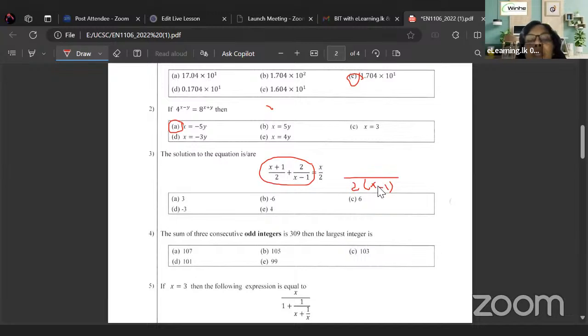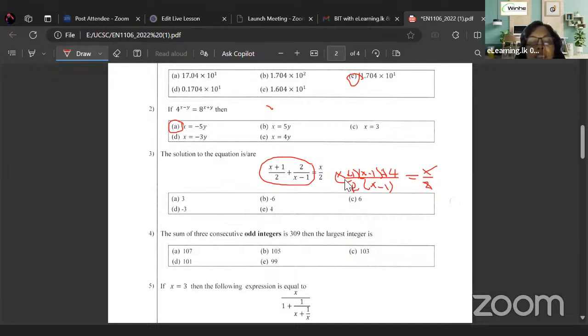Then numerator will become (x plus 1) into (x minus 1) plus 2 into 2, you can directly write it as 4, equal to x divided by 2, right? You can cut off these two.